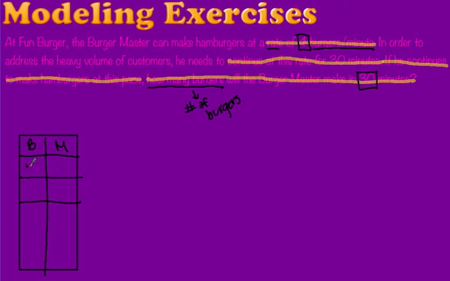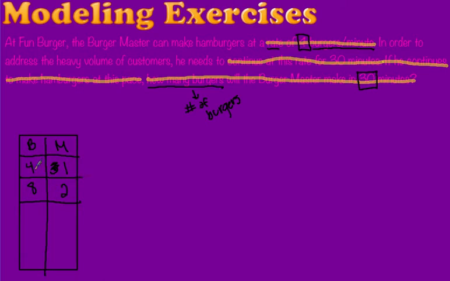Here we have 4 burgers in 1 minute. So if I double my time, I should double my burgers. So my rate can help me out because I know that if I make 4 burgers, it's taking me 1 minute. Well, if I make 8 burgers, it's going to take me 2 minutes.